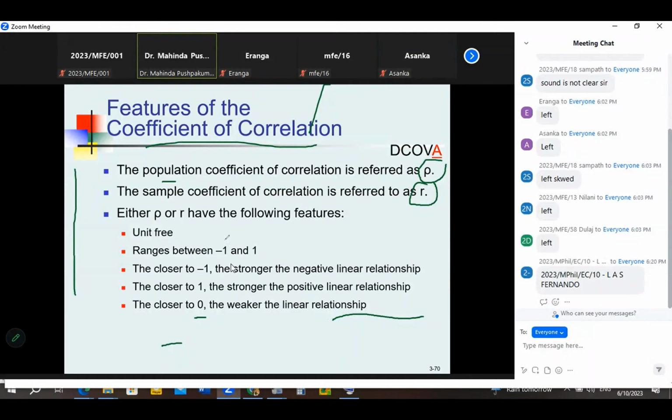Then the value of the correlation coefficient is from -1 to +1. If it is close to -1, we have a stronger negative linear relationship. Close to +1, a stronger positive linear relationship. Close to 0, a weak relationship.